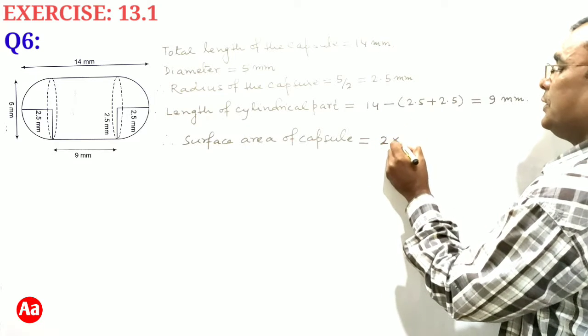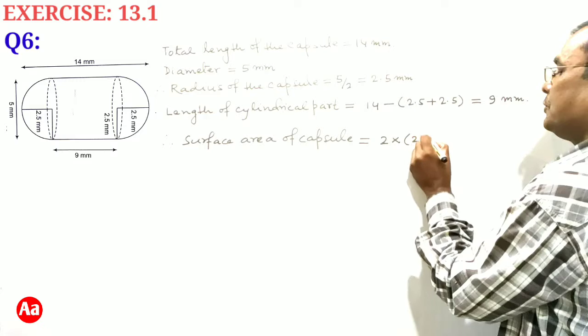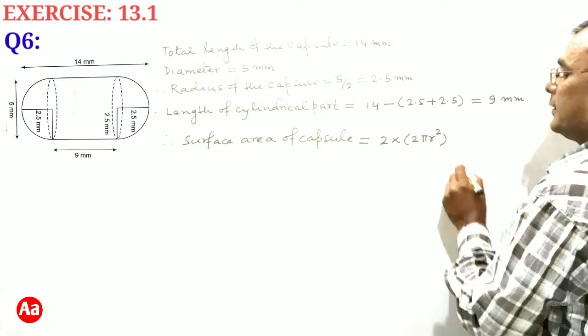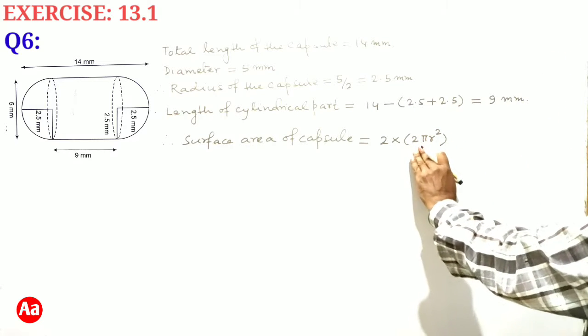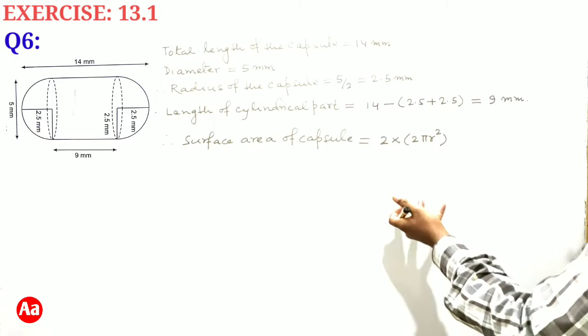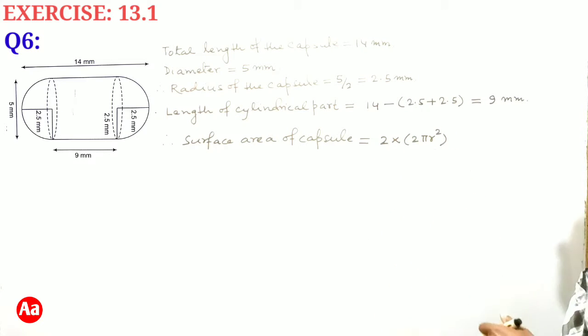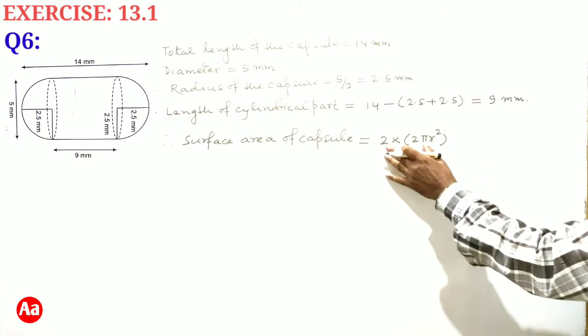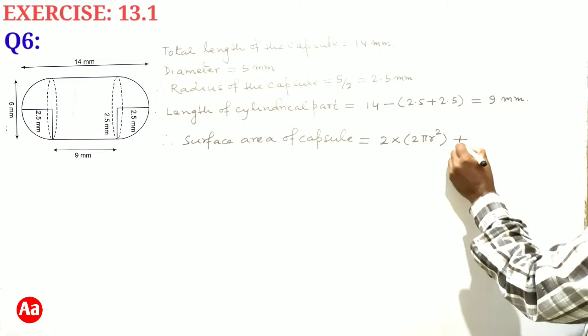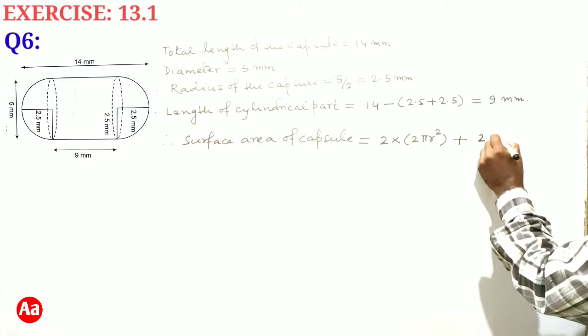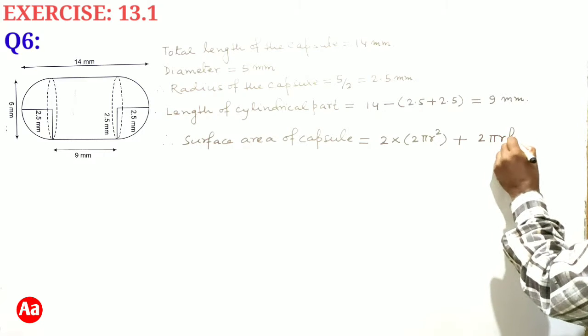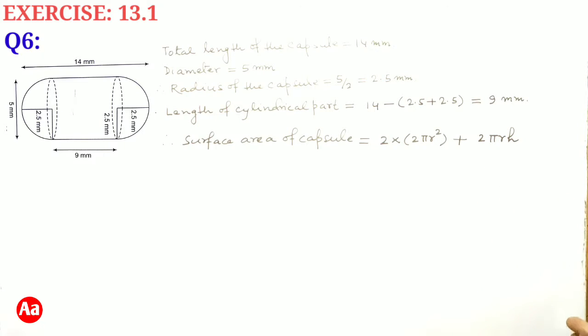So 2 into 2 pi r square. 2 pi r square is the surface area of one hemispherical end, and there are two hemispherical ends of the capsule. So 2 into 2 pi r square plus surface area of the cylindrical part of the capsule, that is 2 pi r h.